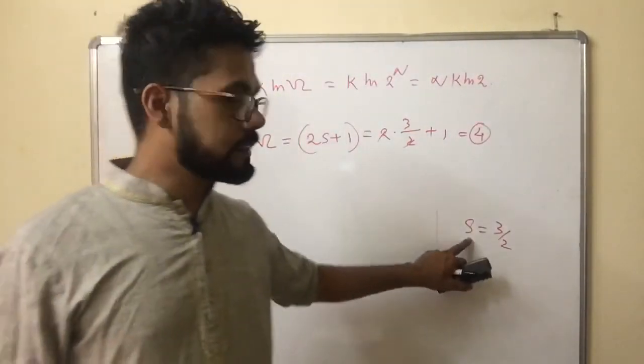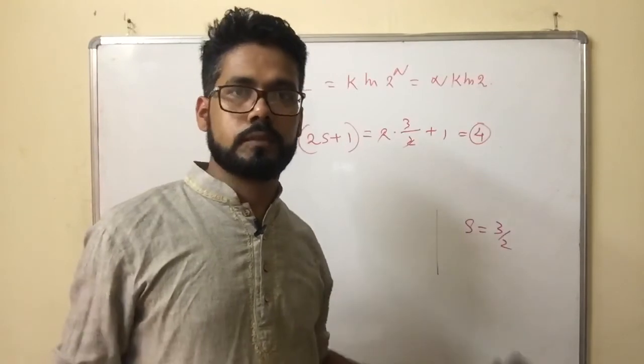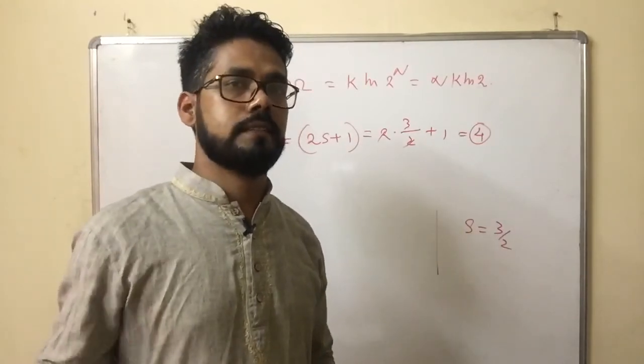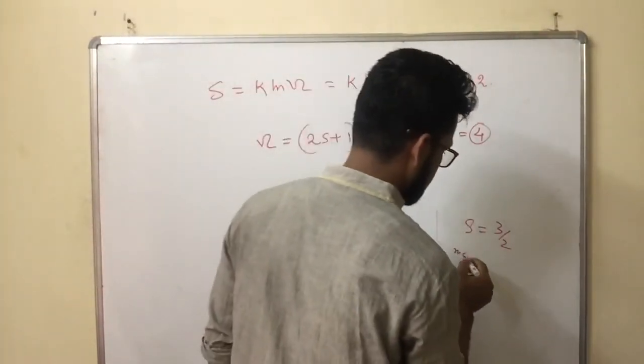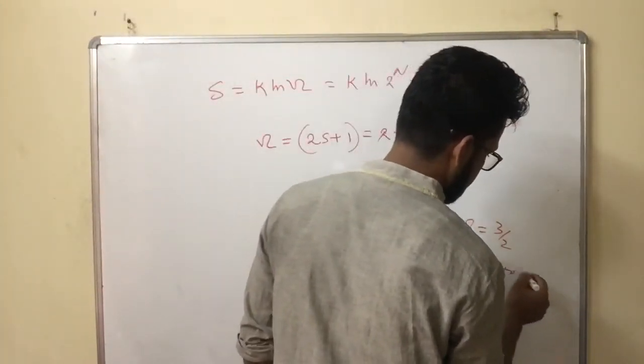So how 4? In atomic physics, the ms value runs from minus s to plus s.